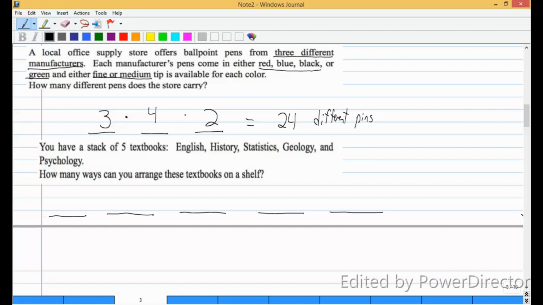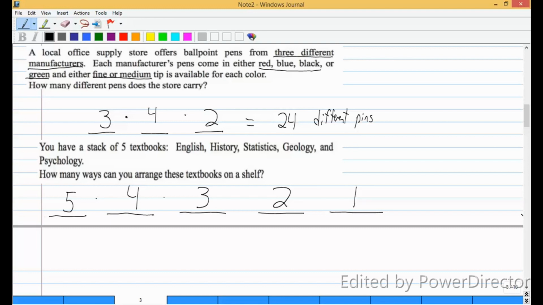Okay? When I choose one textbook, I have 5 to choose from. So there's 5 possible ways to choose the first textbook. Well, after I've already placed that textbook, then I only have 4 to choose from the second time. The next time I have 3, the next time I have 2, and then the last time I only have 1.